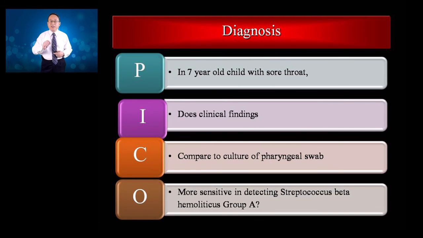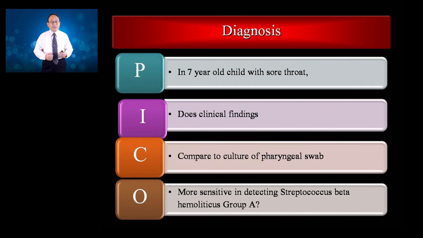For instance, you see your patient, 7 years old, having a sore throat, and then you will be asking yourself whether I have to send my patient to the hospital for accurate diagnosis, and then you compare clinical findings with culture of pharyngeal swab.